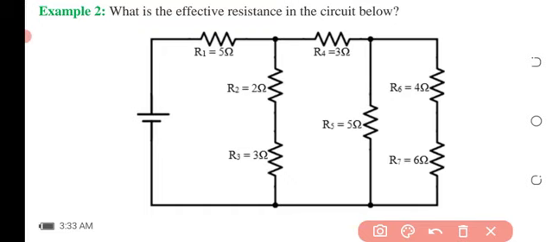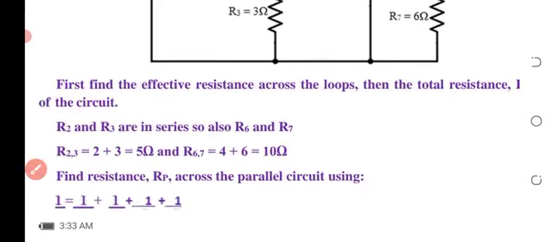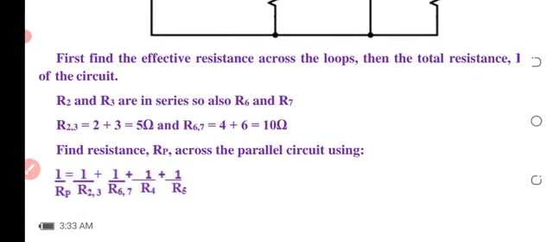That is, the 5 ohms that we have here and the 10 ohms that we have here, they are parallel to the 3 ohm resistor. So in doing that, we can easily carry out our calculation as it is done here.